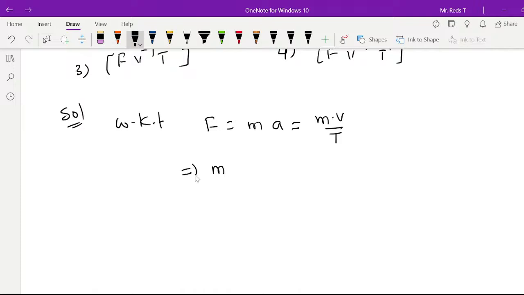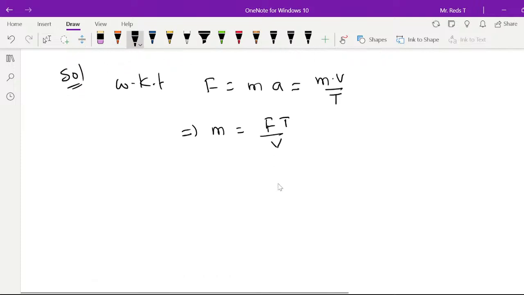M is equal to F T by V. So the dimensions of mass is equal to dimensions of force times dimensions of time by dimensions of V. As per the question, F itself is taken as a fundamental quantity, T is taken as a fundamental quantity, V is also taken as a fundamental quantity.